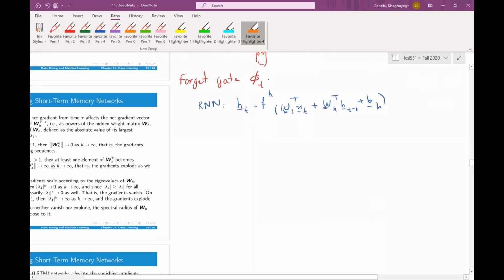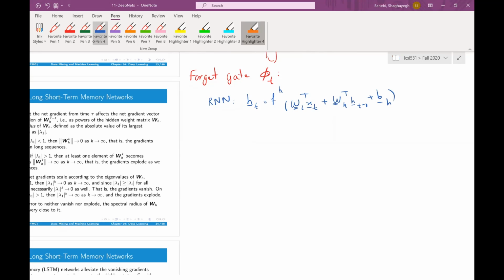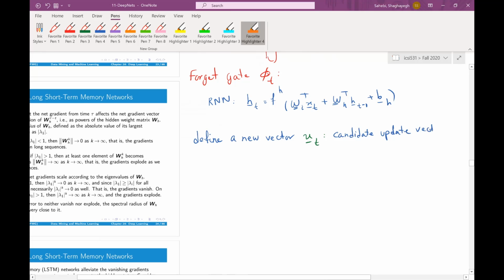Because of that, we are going to define a new vector u_t, which we call the candidate update vector. So it's not going to be h_t anymore, it's going to be u_t.